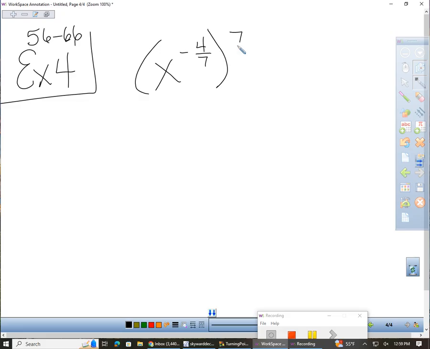An exponent raised to an exponent, what do we do? Yep, so it's going to be x. If I multiply my exponent, negative 4/7 times 7 gives me negative 4. So now if I have a negative exponent, where's that going to move to? Yep, so it's just going to be 1 over x to the 4th. That's it.